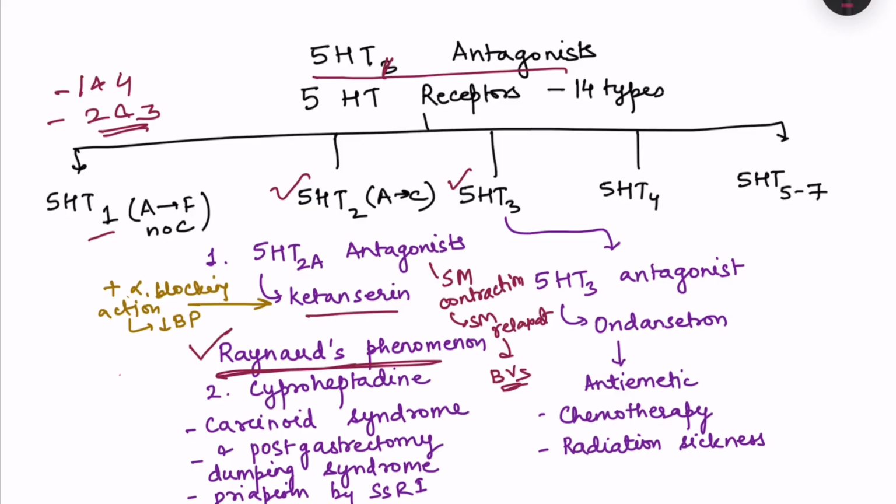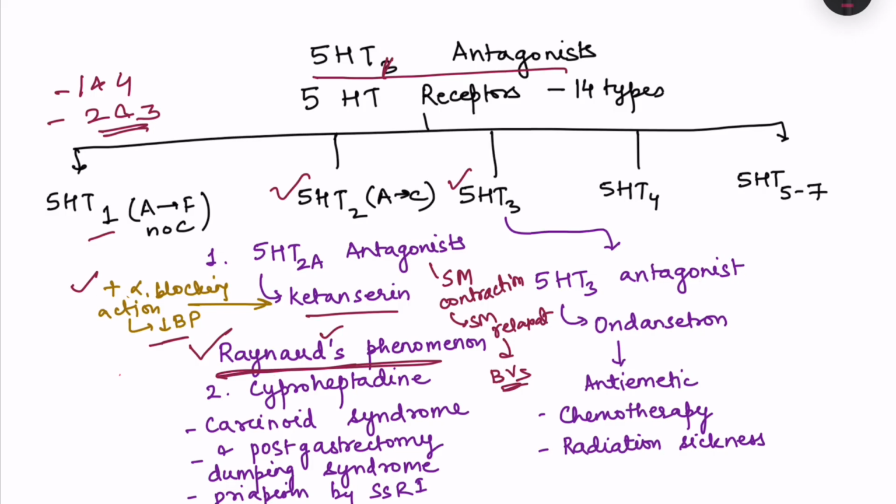Okay, Raynaud's phenomenon is the condition where basically these blood vessels constrict in response to cold or stress. So we want the vasodilation to occur. So ketanserin is used. Now this ketanserin also has alpha-1 blocking action, and this alpha-1 blocking action will further cause vasodilation and can cause decrease in blood pressure, and in some countries it is used for hypertension as well. But you remember for now Raynaud's phenomenon.